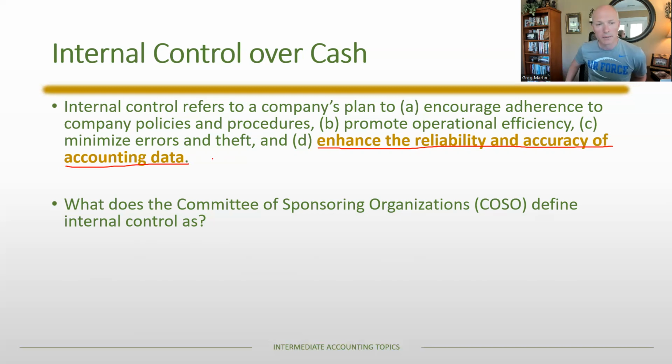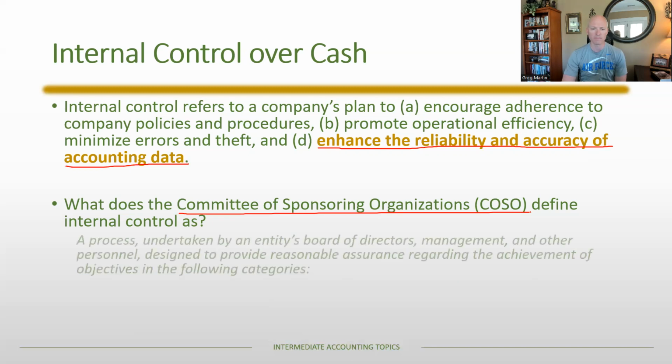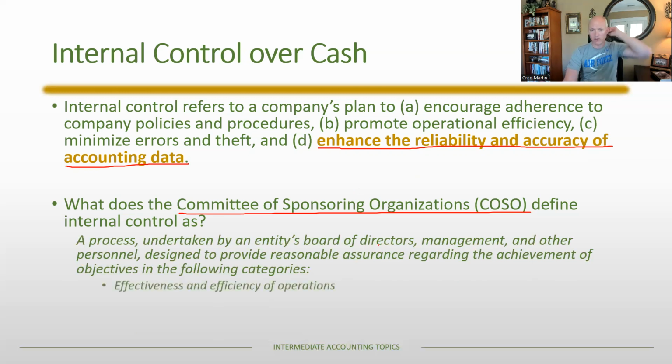And so A, B, and C are cross-discipline, whereas D really is the accounting function. And so we do have the Committee of Sponsoring Organizations, or COSO. How do they define internal control? It's a process undertaken by entity boards of directors, management, and other personnel, and it's designed to do a few different things. First of all, you want to promote effective and efficient operations.